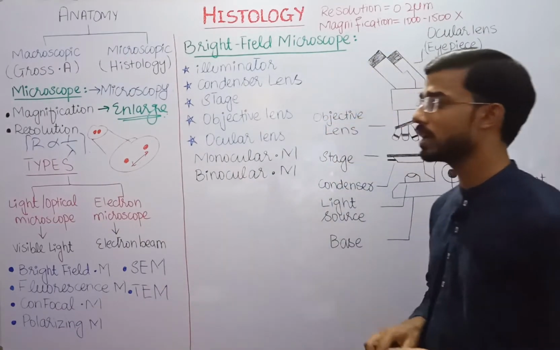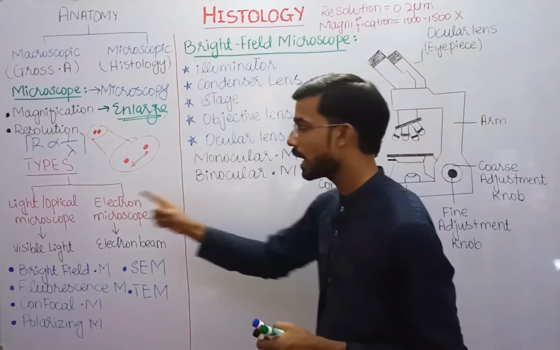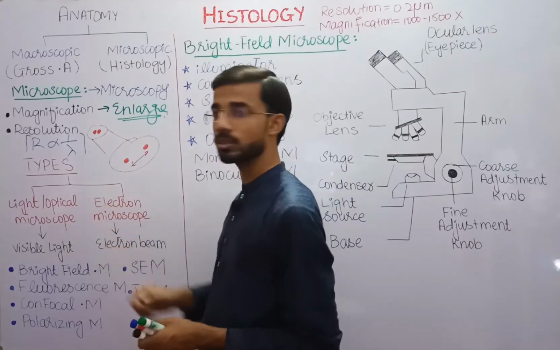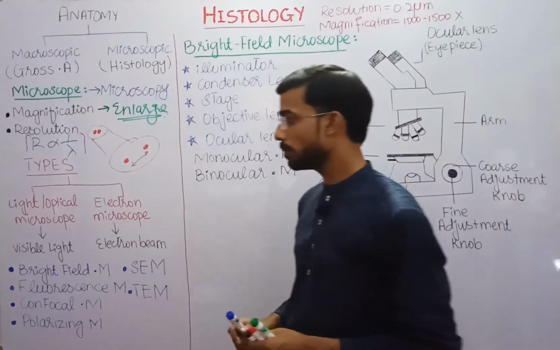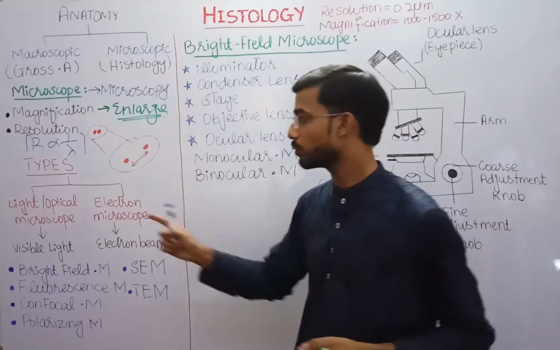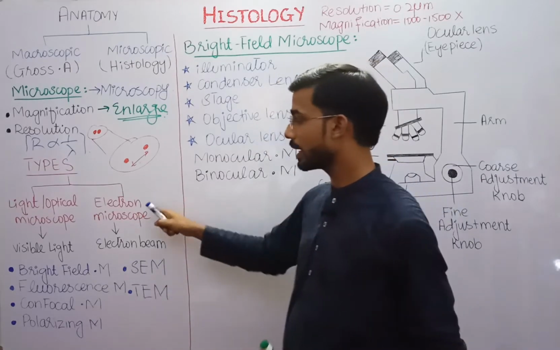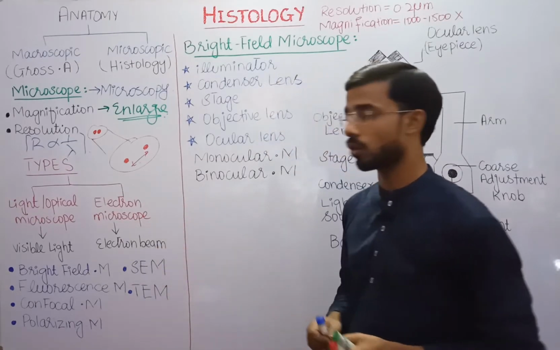Types of microscope. There are two types of microscope: light or optical microscope and electron microscope. In a light microscope, we use visible light, and in an electron microscope we use an electron beam.